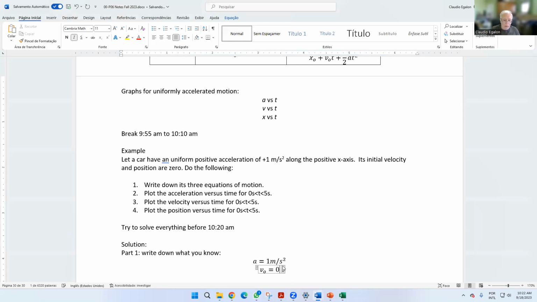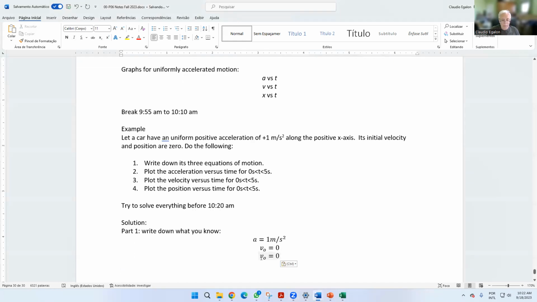You know the initial position. You also know that the motion is uniformly accelerated.